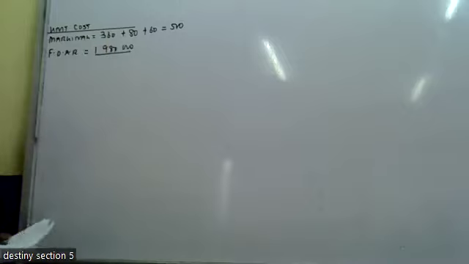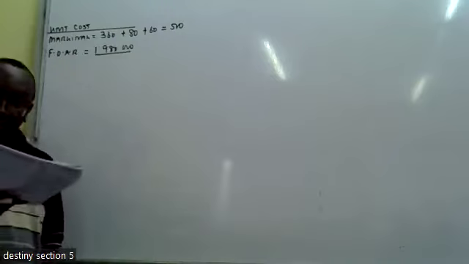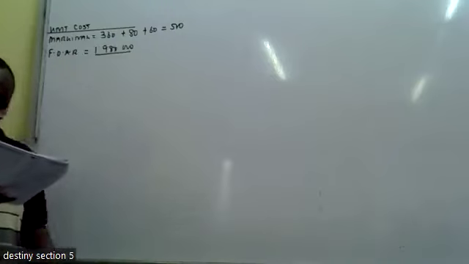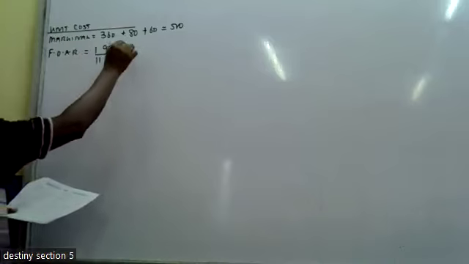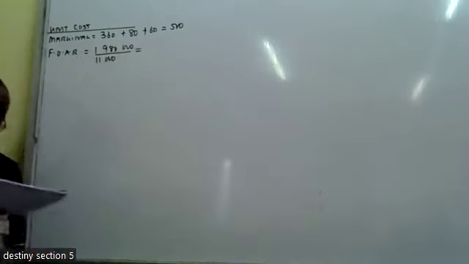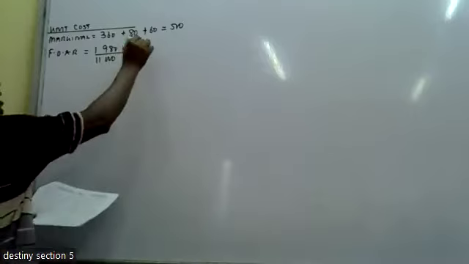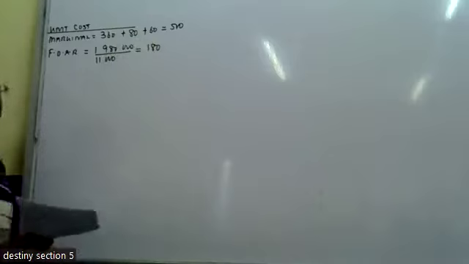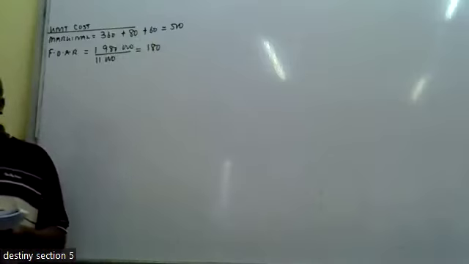According to the formula that we know, we are supposed to divide this by the normal production capacity, which is 11,000. That gives $180.